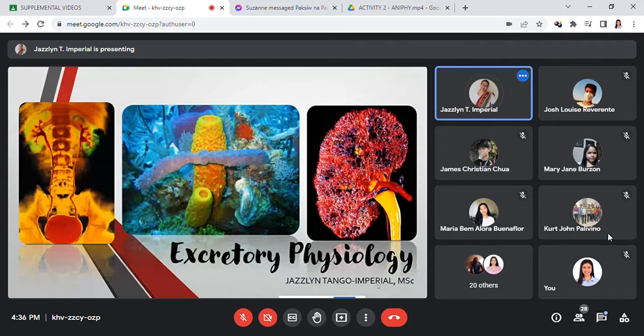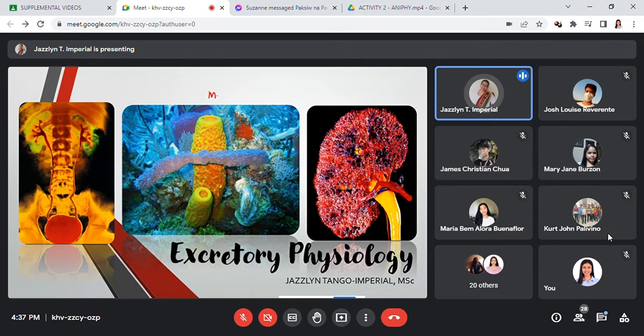So we know that in the case of sponges, they have this mechanism of water flowing in and out of their pores. So this is how they regulate waste. So if ever there will be some mineral particles that will enter the sponge through this water flow system and maybe will try to threaten or block the sponge, these mineral particles are transported through a specific part of the sponge, which is the mesohyl.